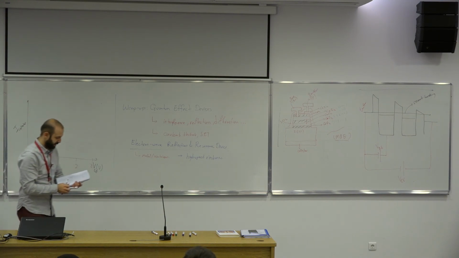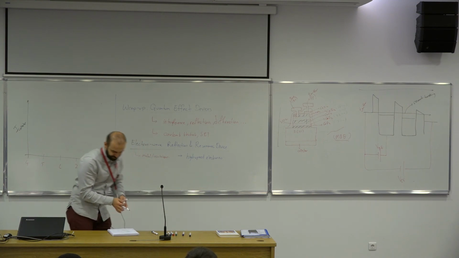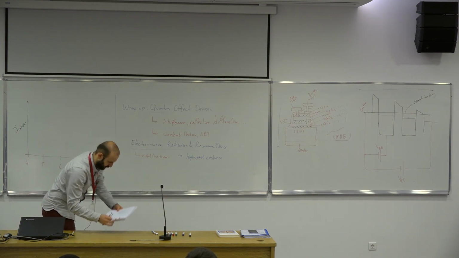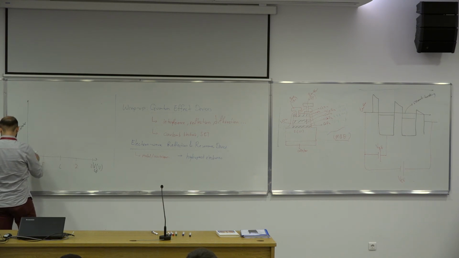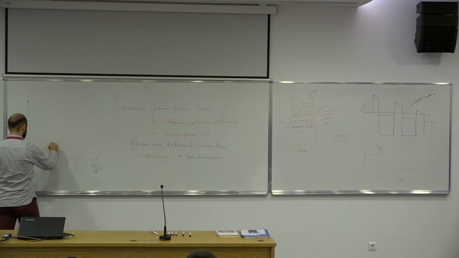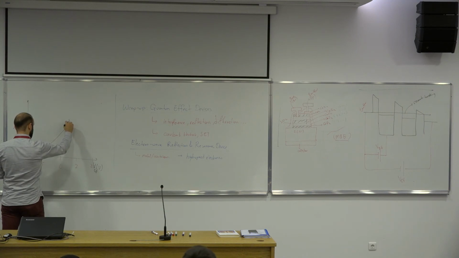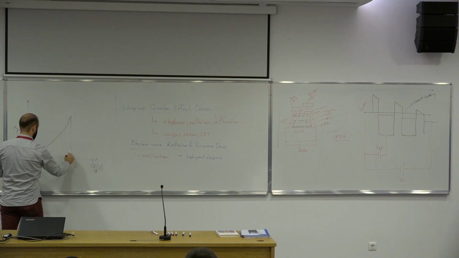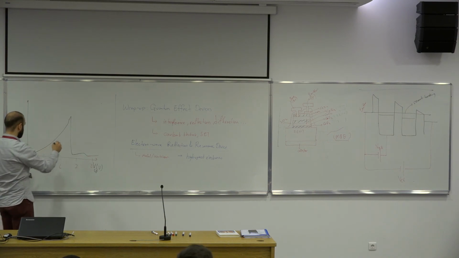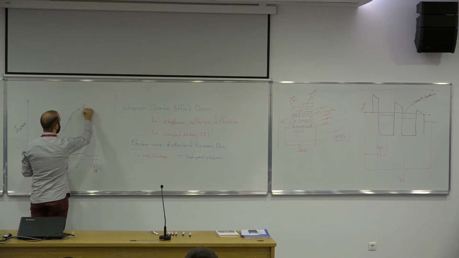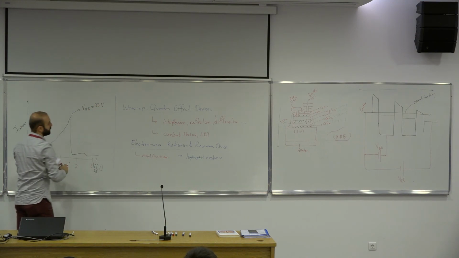And what you get is something like this. In one case it just increases, and then somewhere around here it decreases. It does something like this. This is for VBE equals 3.3 volts.